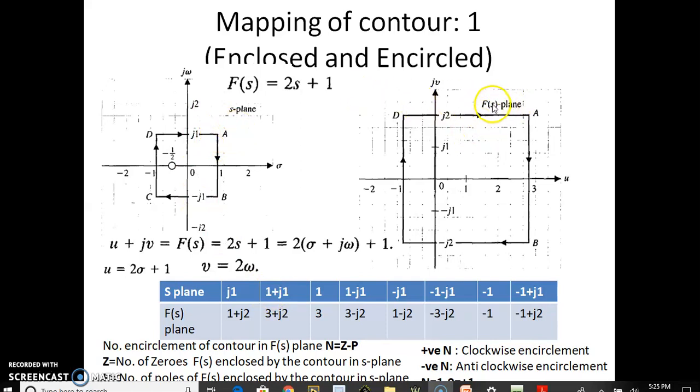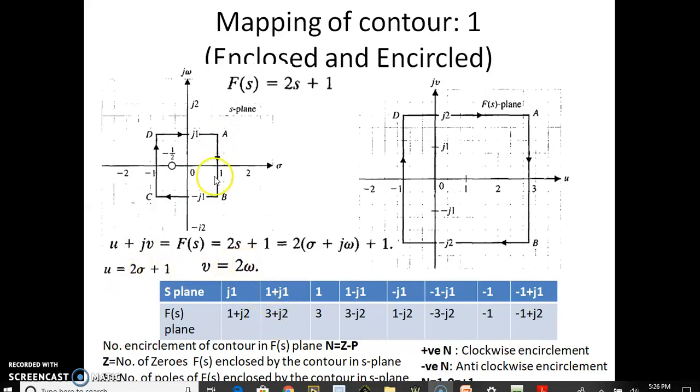So how do we get this mapping? You substitute the value of s, that is s as 1 plus j omega. The value of omega is equal to 1 here, so you have 2 into 1, which is 2, so here you have j2, and since the real part is at a magnitude of 1, it is 2 into 1 plus 1, which is 3 plus j2.